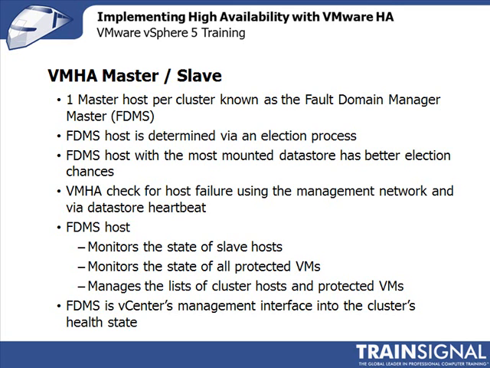Typically, the host that has visibility to the most datastores has the best chance of becoming the master. Every time a host reboots, a master election takes place again. If you put a host in maintenance mode and take it out of maintenance mode, or anytime there's a compelling event in the cluster, an election is held among the different ESXi hosts in the cluster, and one of them is elected as master.